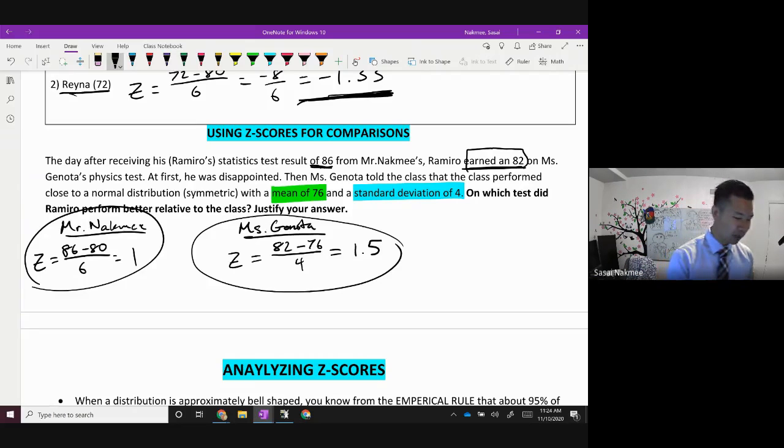Some of you will probably realize that it kind of makes sense, right? If the class average was a 76 in Ms. Janota's class, and the class average was an 86 in Mr. Nakami's class, that means that Mr. Nakami is too nice and he needs to make more difficult tests, right? That's too high of an average. No, I'm just kidding. What I'm saying is that when you compare it with the average of everyone else in the classroom, he did better in Ms. Janota's class than in my class.